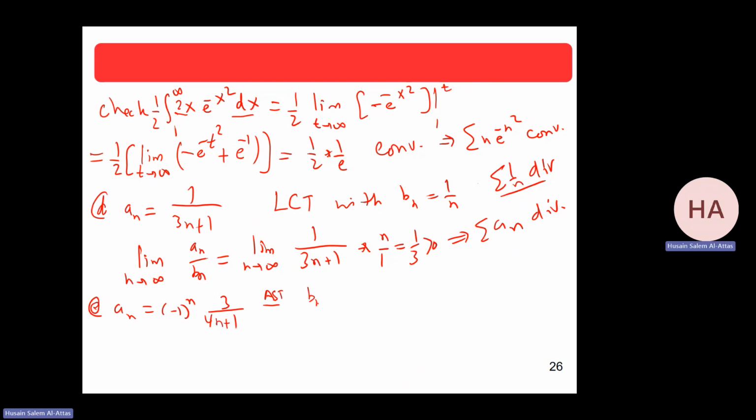I notice if we take b_n, then for sure the limit equals 0 and b_(n+1) is less than or equal to b_n. Actually less than, because the denominator will be bigger. So the series converges by the alternating series test.